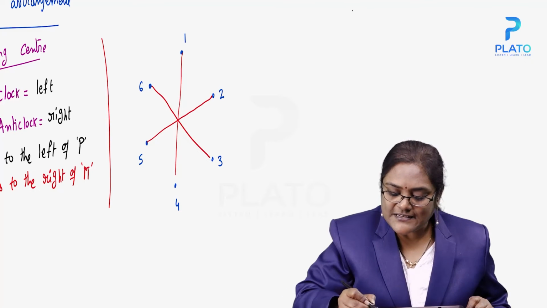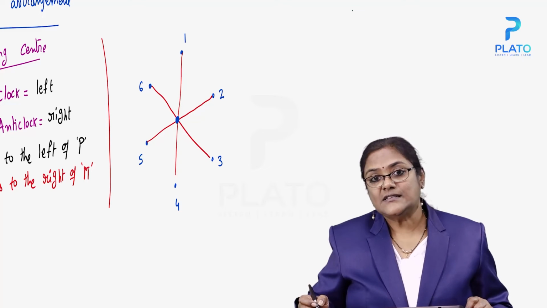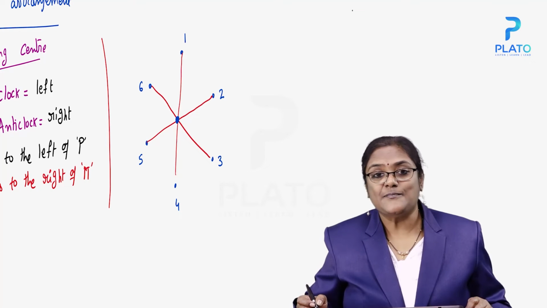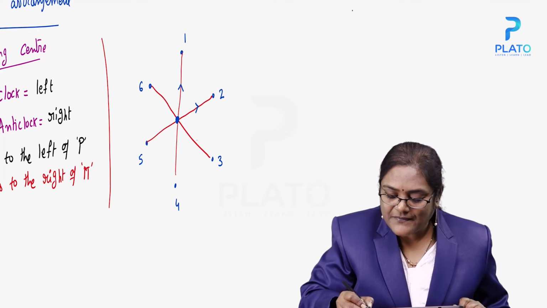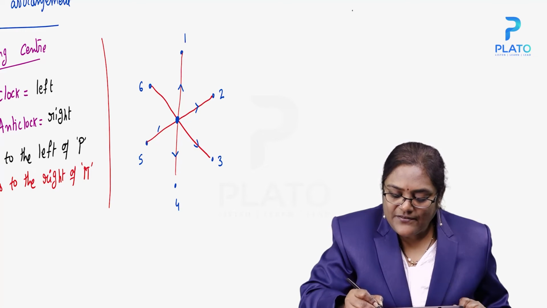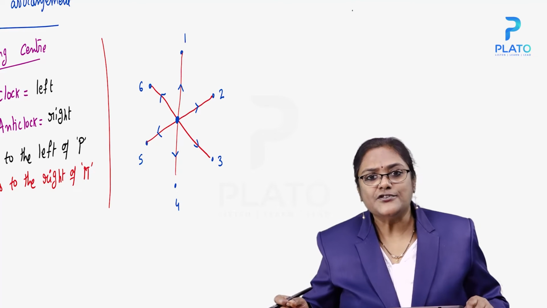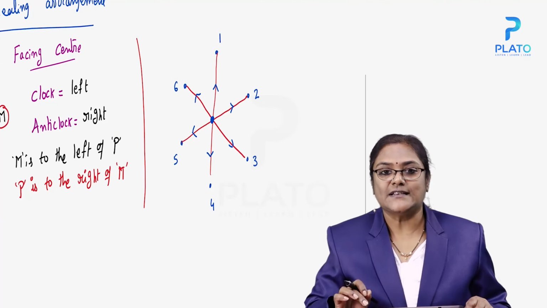Now this is the center. Sometimes it is possible that people can face opposite the center. Now people have a confusion: ma'am, what to do now? Why do you worry? Just use common sense.